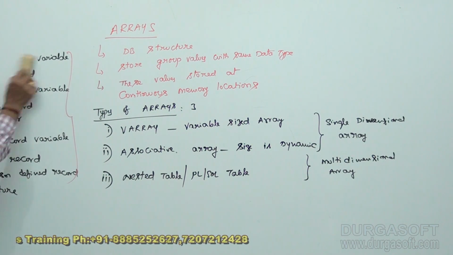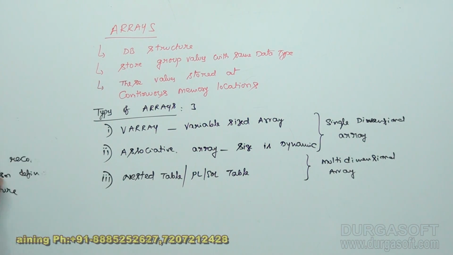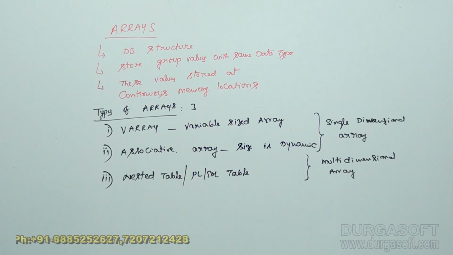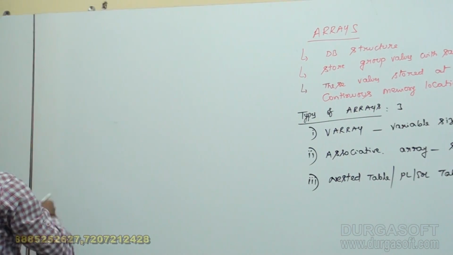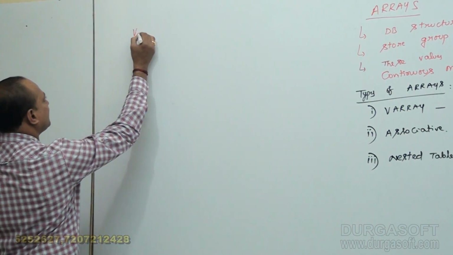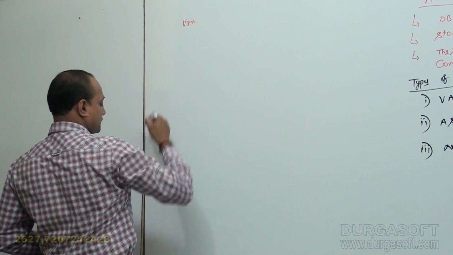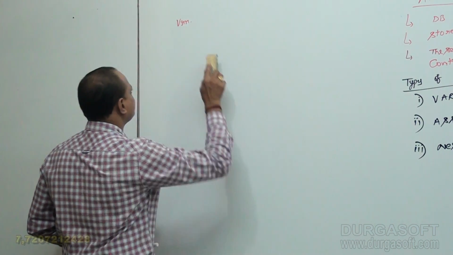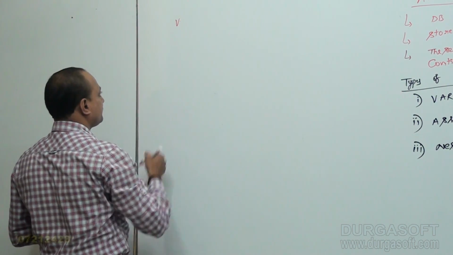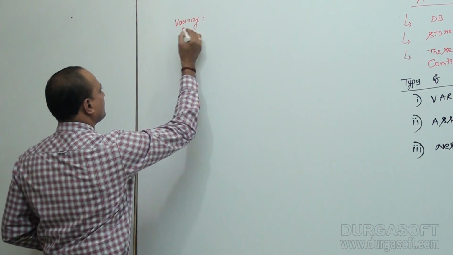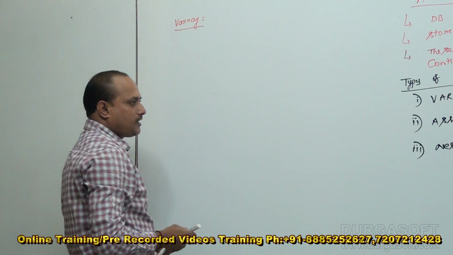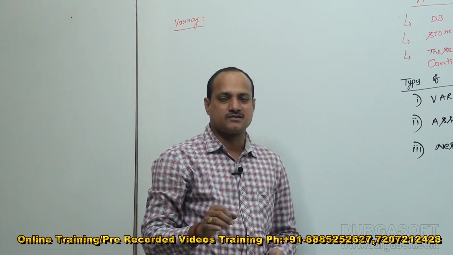Now let me explain about V array. What is V array? It is called as a single dimensional array and the full form is variable sized array. Okay, so how can I define V array structure?